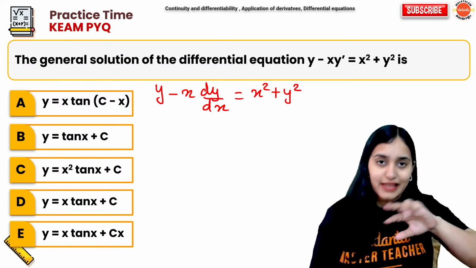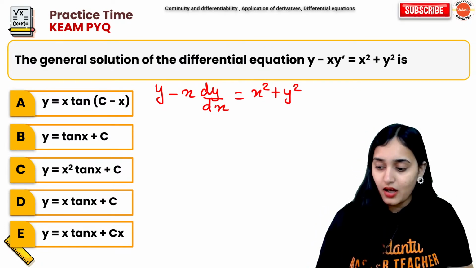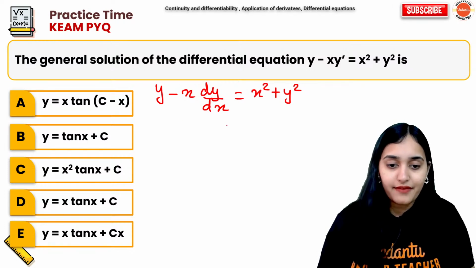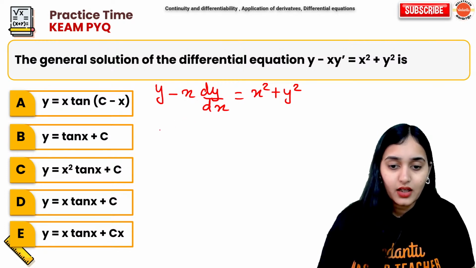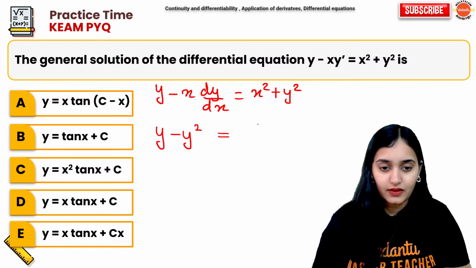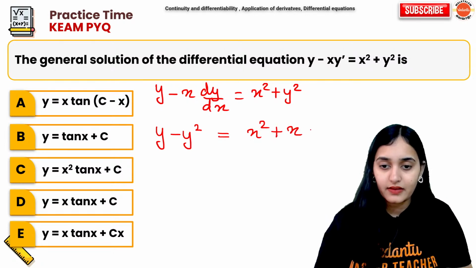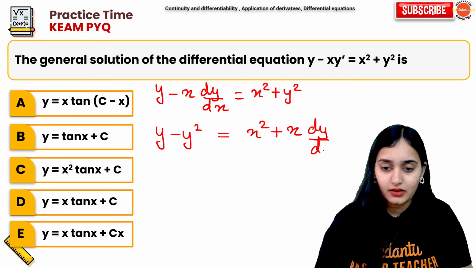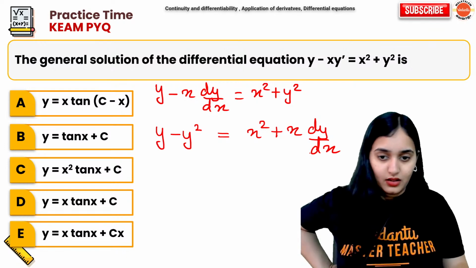Let's try separating the variables. So we can do it like this: y minus y square is x square plus x dy by dx, right?